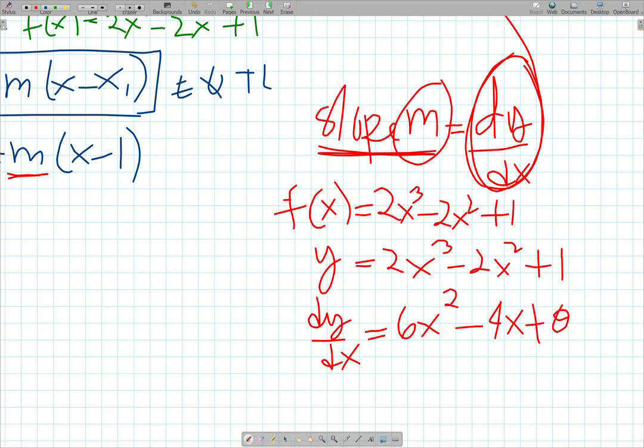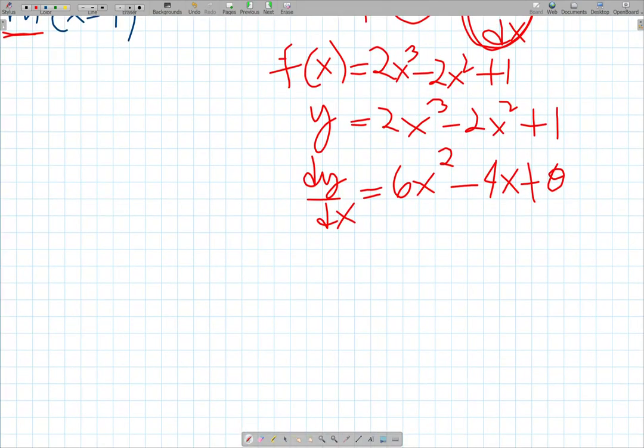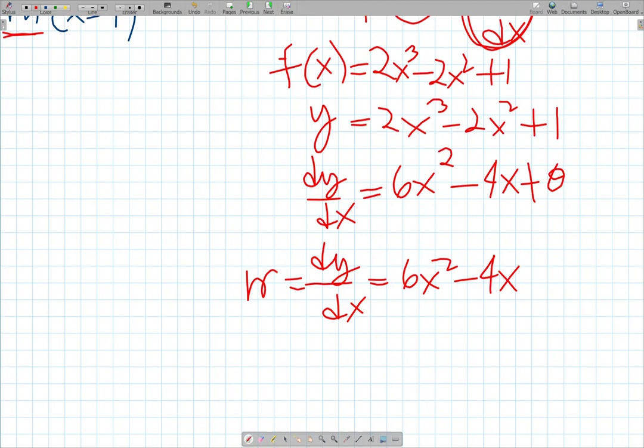So, simplifying this one, dy over dx is equals to 6x squared minus 4x. Okay? So, ito na class ang slope m natin. Slope m is equals to 6x squared minus 4x.